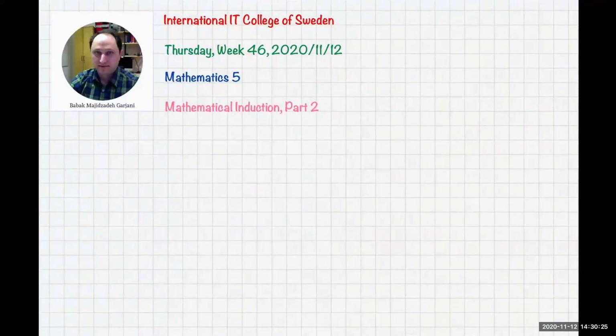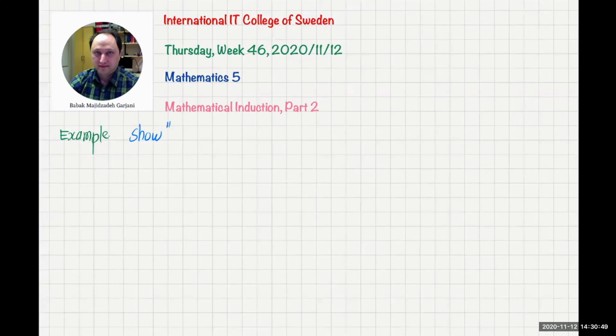Let me emphasize this by an example. Actually, it's a non-example, okay? So let me write it here, example. Show that, because this is not going to be correct, show that 1 plus 2 plus 3 up to n is equal to n squared plus n plus 2 divided by 2.